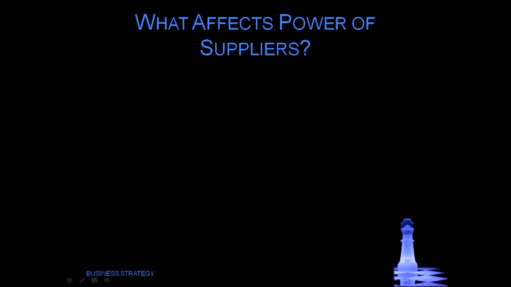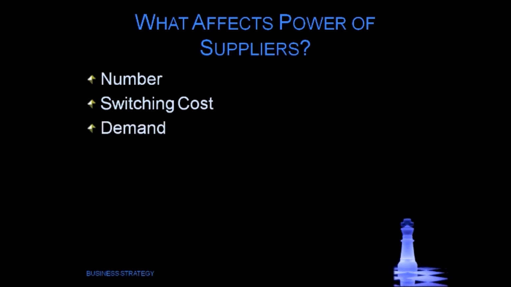What affects the power of suppliers? The number. The more suppliers there are, the less power they have. Switching costs. Switching costs in this case could be how much it would cost to retool or how much it would cost to get out of contracts. Demand. When demand is high, the power of suppliers is high.